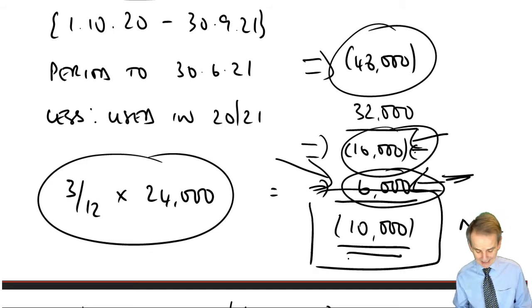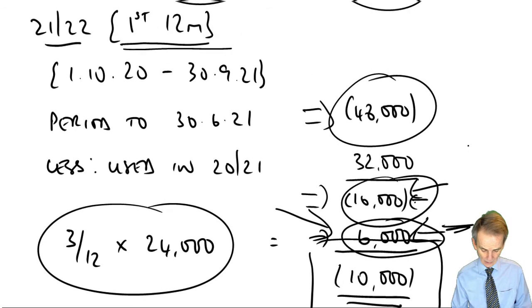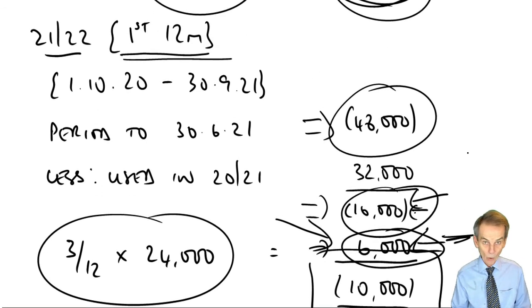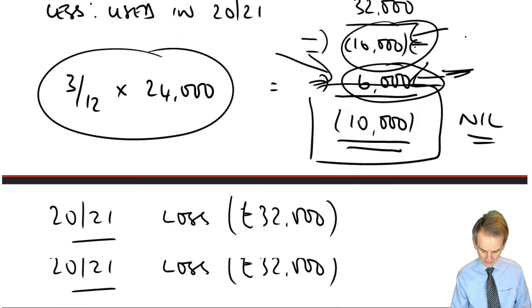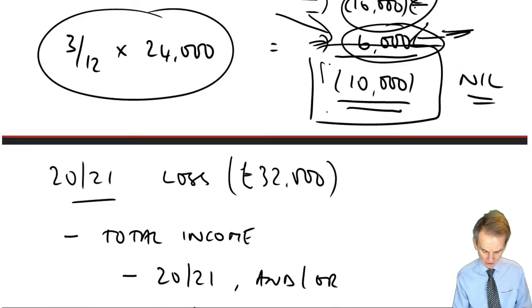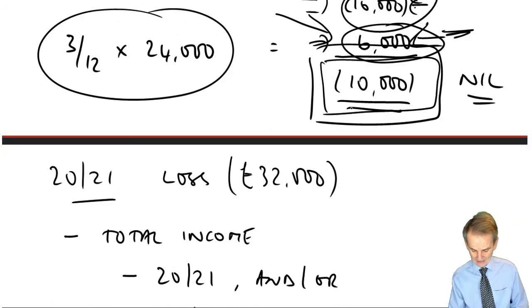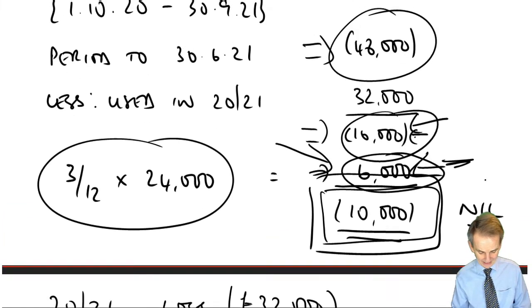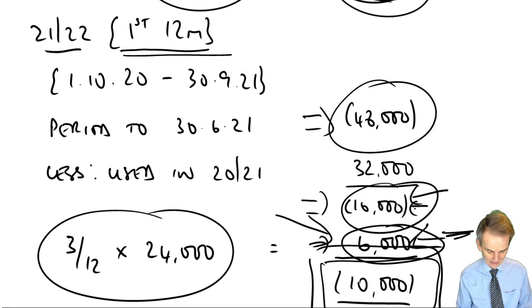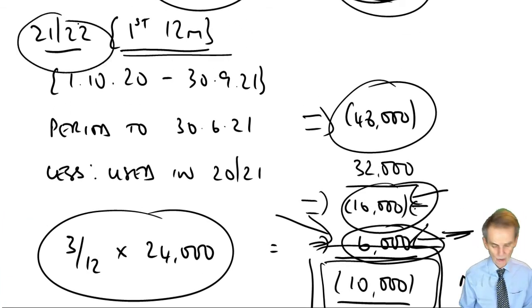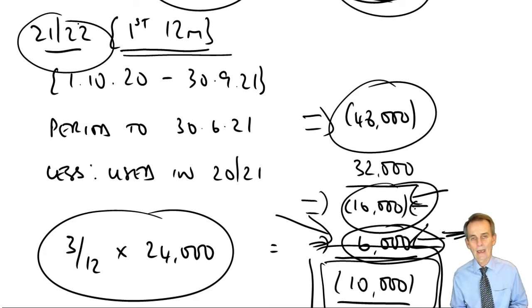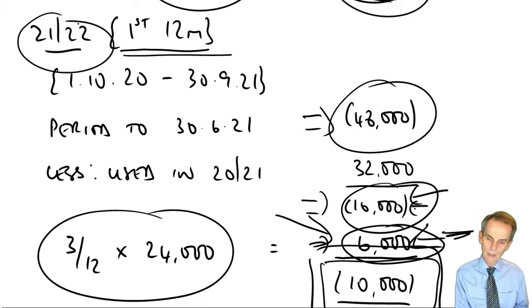So exactly the same reliefs as we've already spoken of for 2021 would now be available in relation to that £10,000 of loss. The current tax year for it, as we've seen here, is 21-22. So again, set off against the total income of 21-22 and/or the preceding tax year 2021.